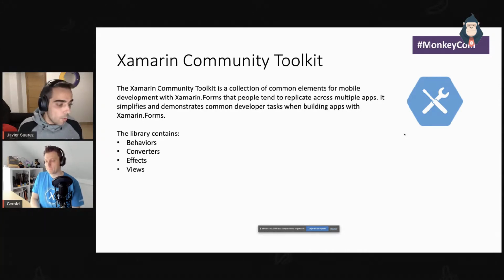So we are not working on new functionality, but this is an alternative way to include functionality easily. And by the way, we have moved some experimental functionality from Forms to the community toolkit. So far, we have the media element, the expander, and the C# markup extensions, which today are available in the Xamarin Community Toolkit, not in Xamarin Forms. And we continue, of course, developing and progressing with this kind of functionality, but in this case, in the toolkit.